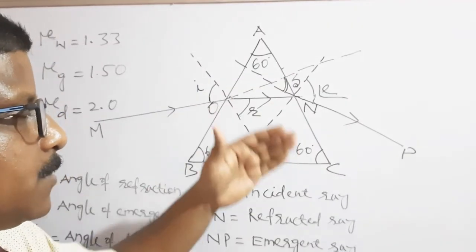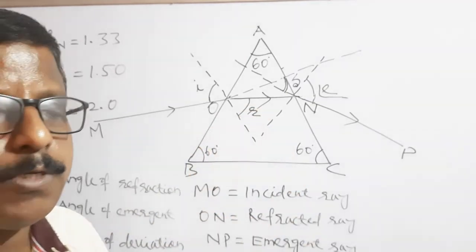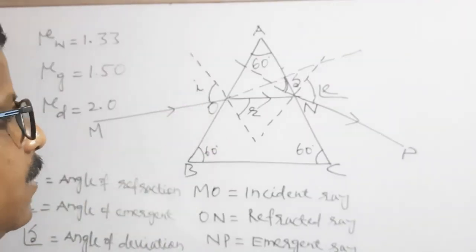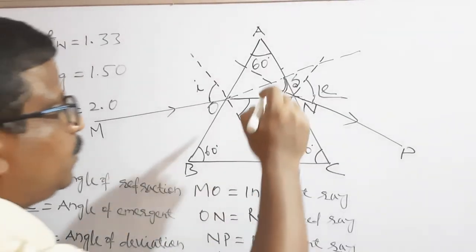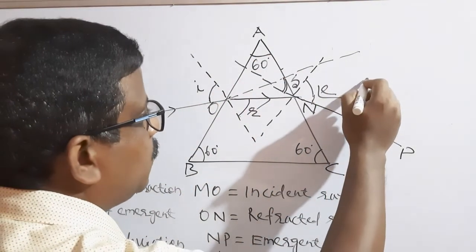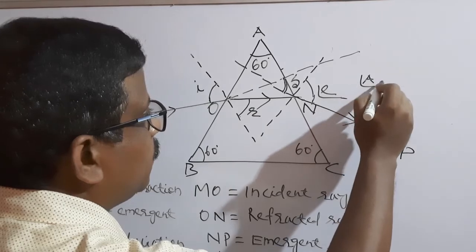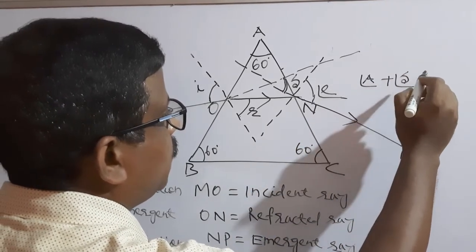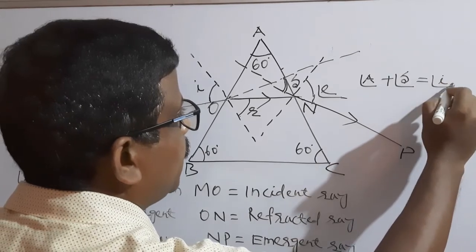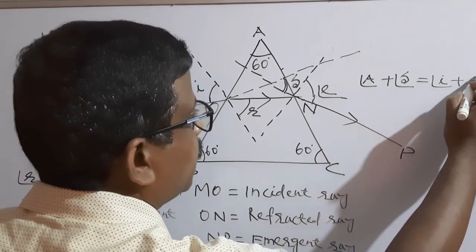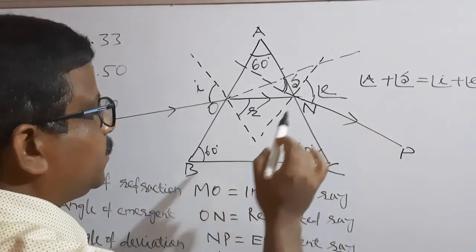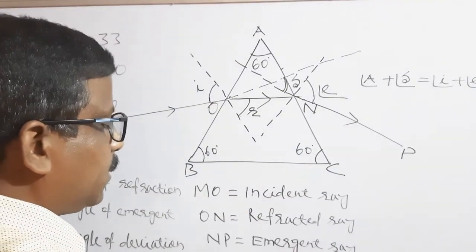Now from this experiment, what conclusion are we getting? At last, the conclusion we are getting here, this is the angle of the prism: angle of the prism plus angle of deviation is equal to angle of incidence plus angle of emergence. A is the angle of the prism, already written here.